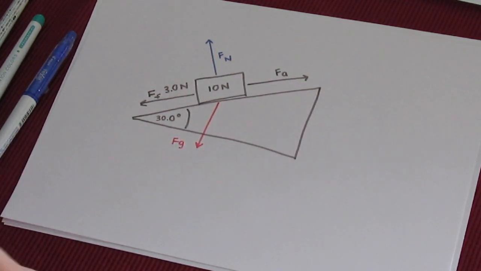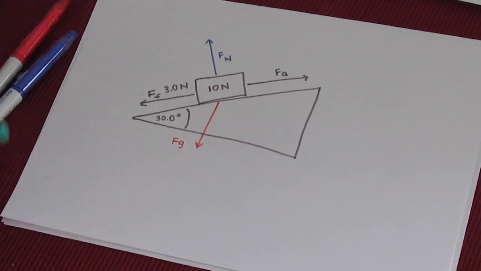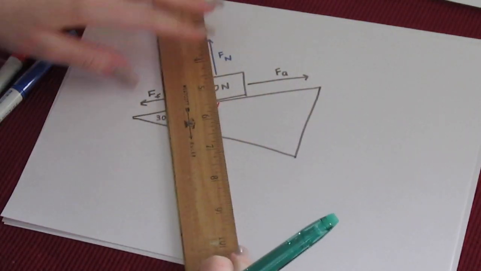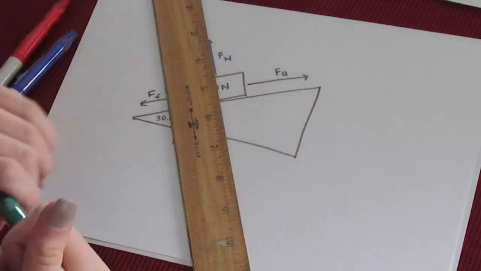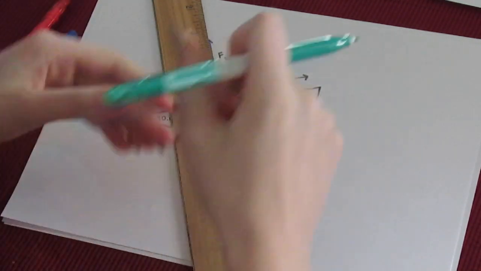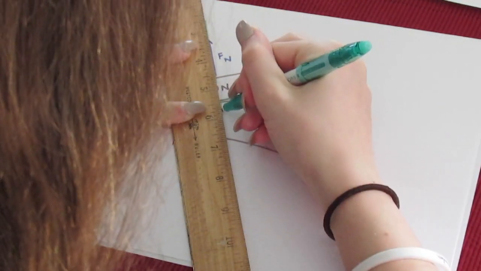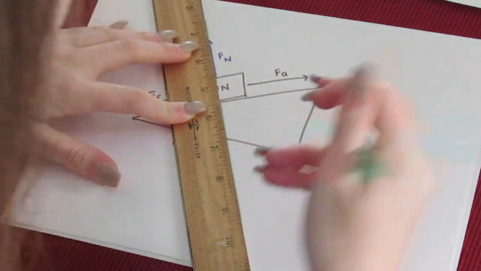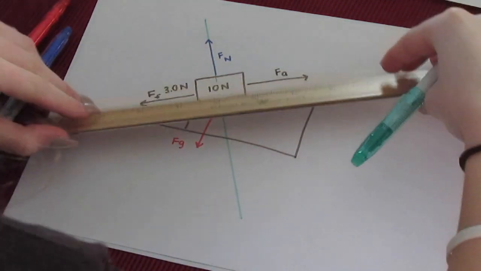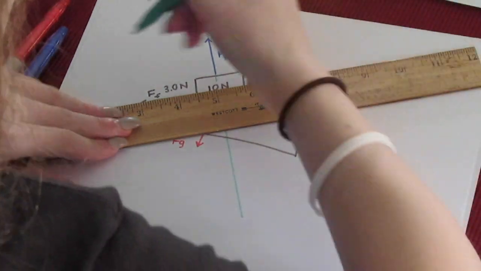And then now we're going to draw in our lines. So I'm going to take my ruler. I'm going to draw this line. And we have this line.